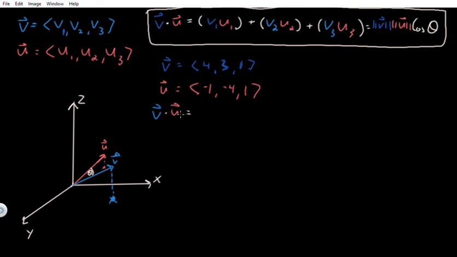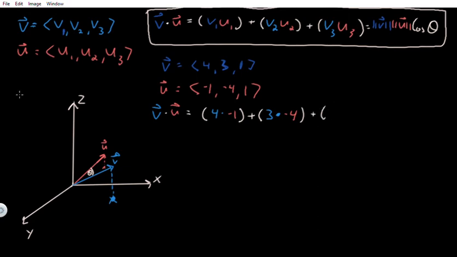V dot u equals, let's pay attention to our color scheme here. 4 times -1, that's v1 times u1, plus v2 times u2, which is 3 times -4, plus v3 times u3, 1 times 1.